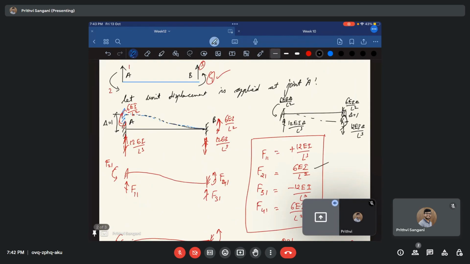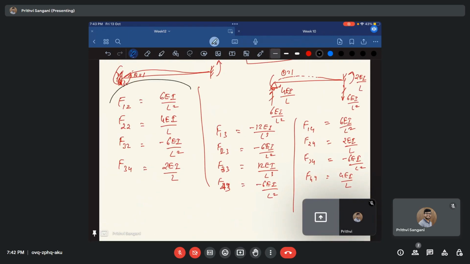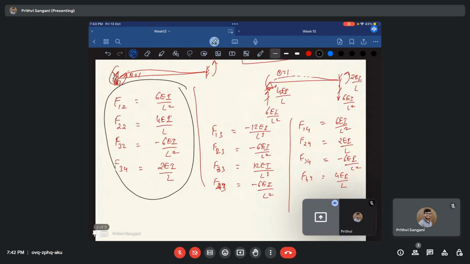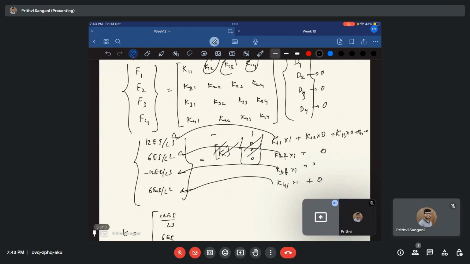So those are nothing but these values: K12, K22, K32, and 6EI/L², 4EI/L, -6EI/L², and so on.